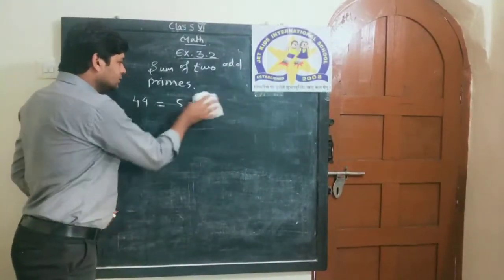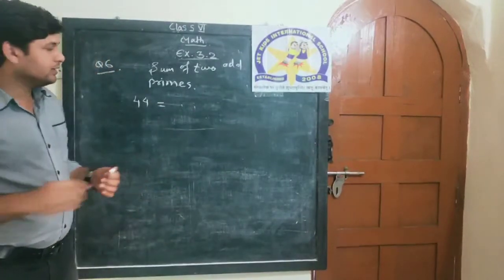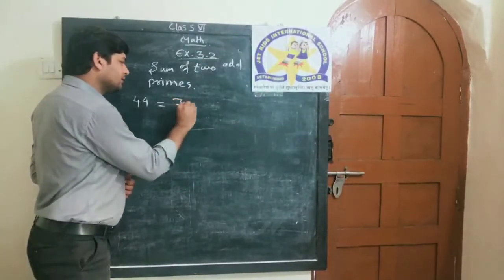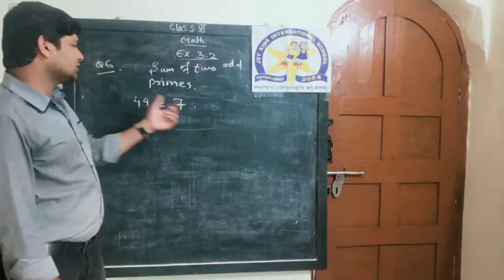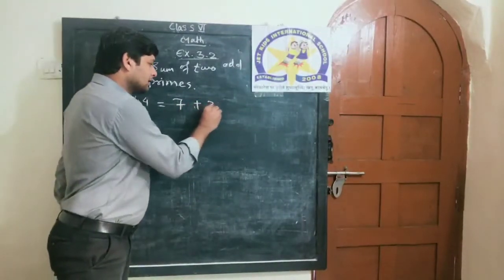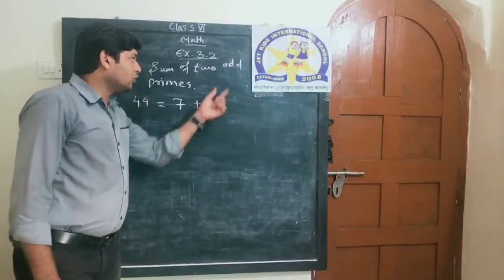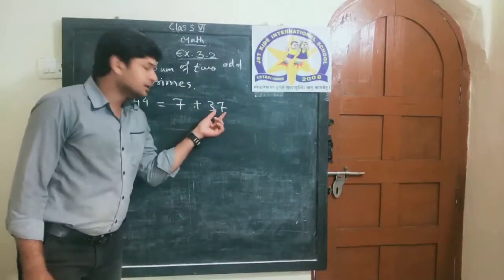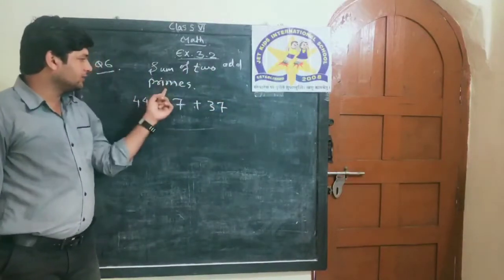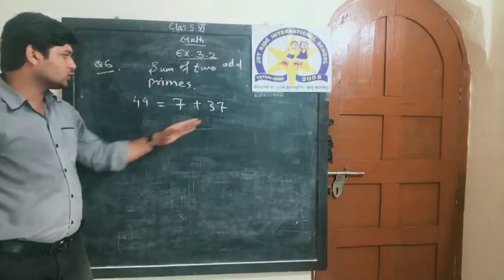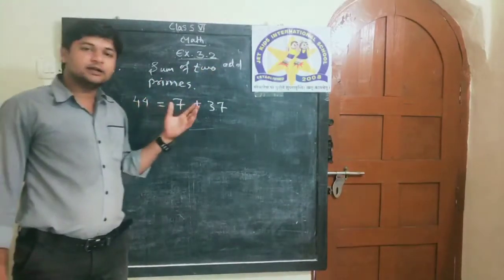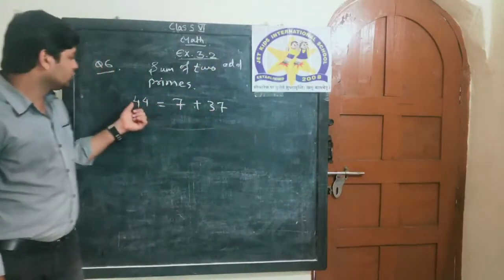Clear? So we cannot take 5. Next prime number is 7. If I am taking 7, 7 plus how much? 37. Is 37 an odd prime number? Yes, 37 is odd and prime also, and 7 is also an odd prime number. So this kind of pair you have to make to form 44.